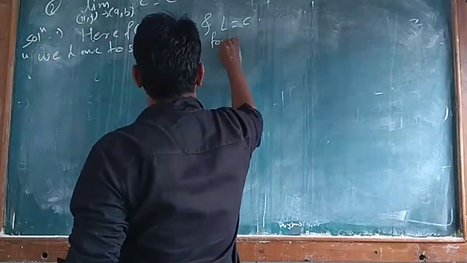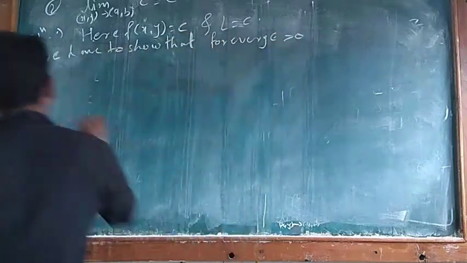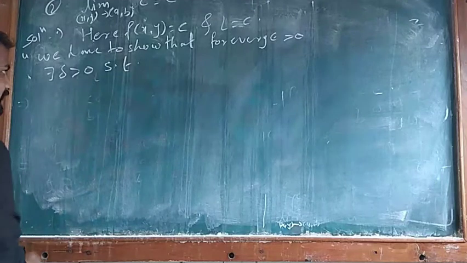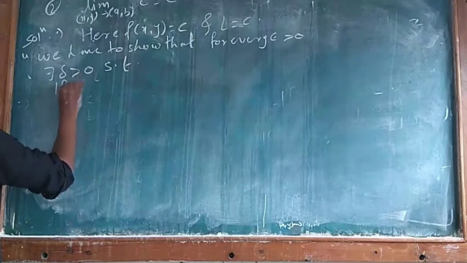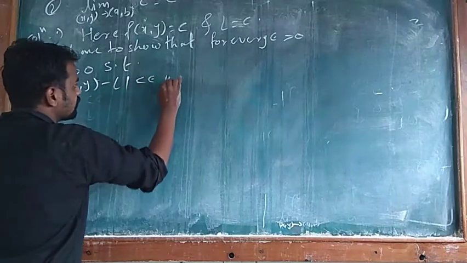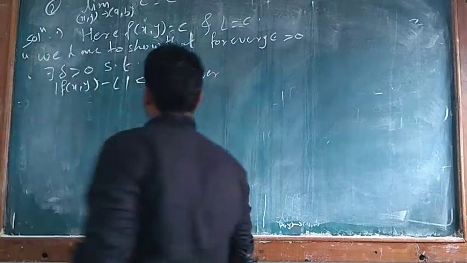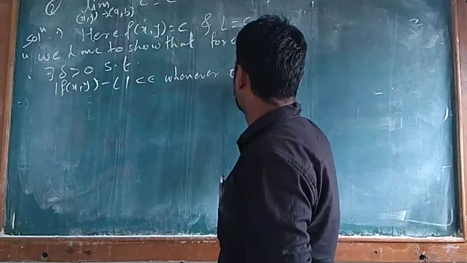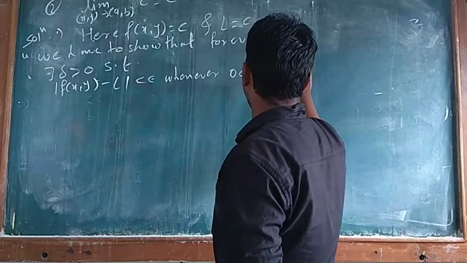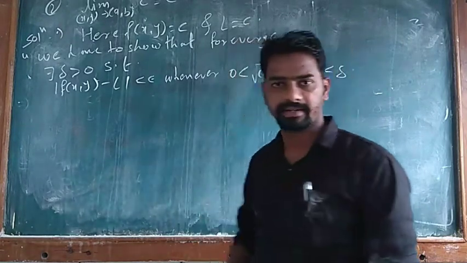for every epsilon greater than 0 there exists delta greater than 0 such that mod of f of xy minus L is less than epsilon whenever 0 is less than under root of (x minus a) bracket square plus (y minus b) bracket square is less than delta.